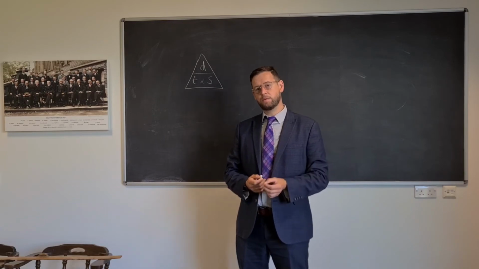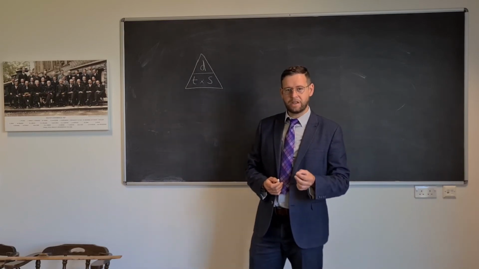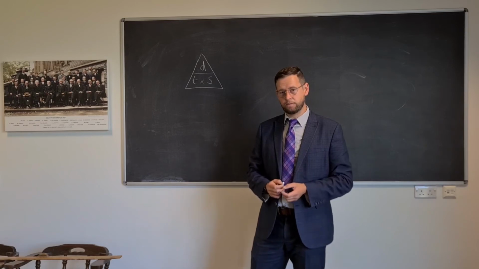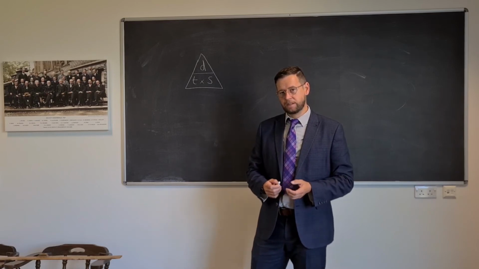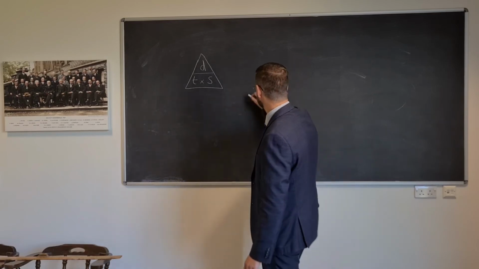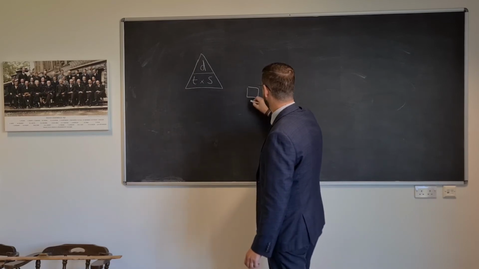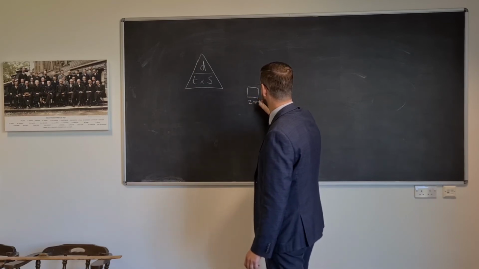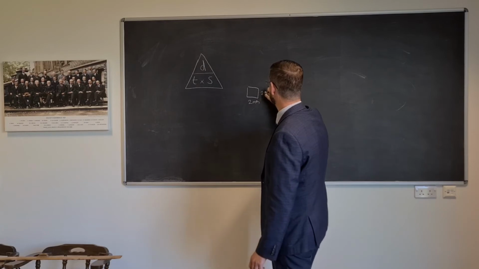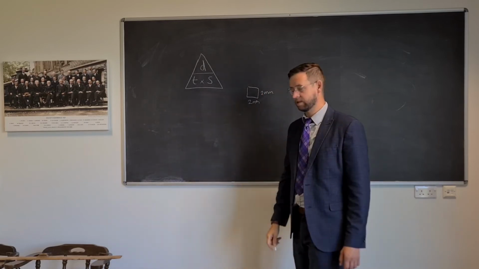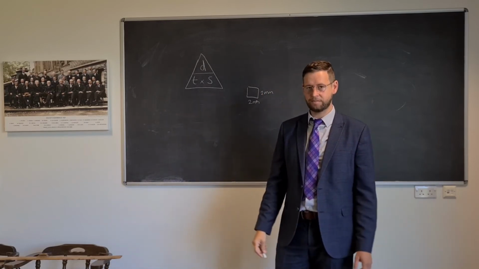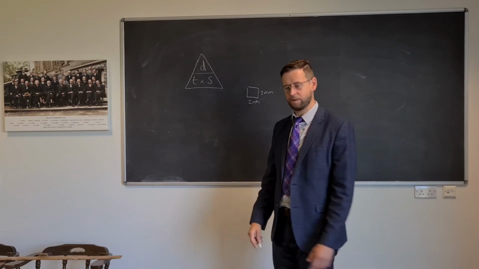But of course, this becomes more complicated when we look at things like area and volume, for example. So, say for example, I had a wire and it was 2 millimeters by 2 millimeters, and we're going to say for now that it's a square cross-sectional wire. It doesn't have to be, it could be a circular wire like most wires are.